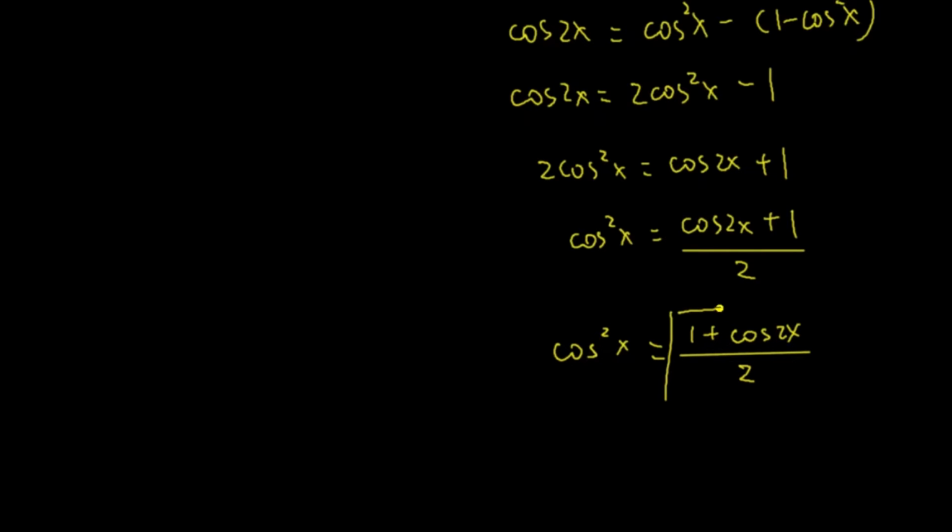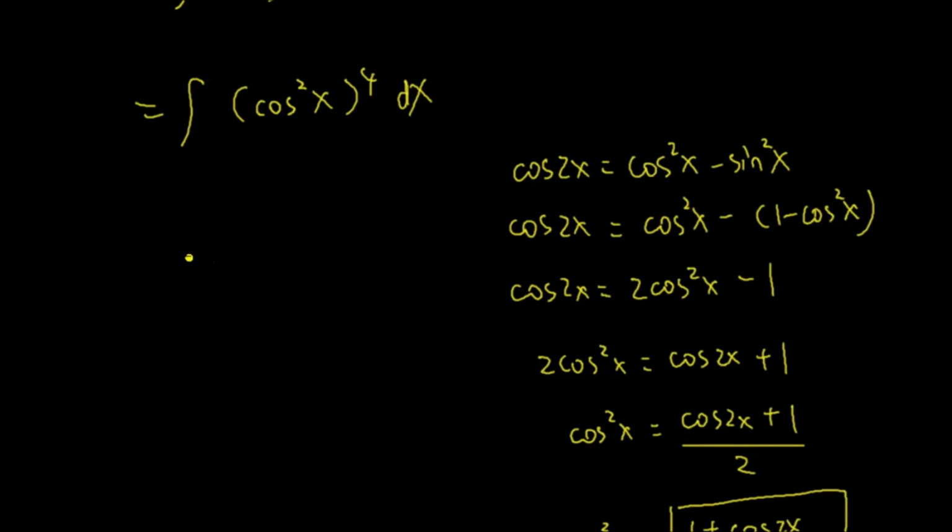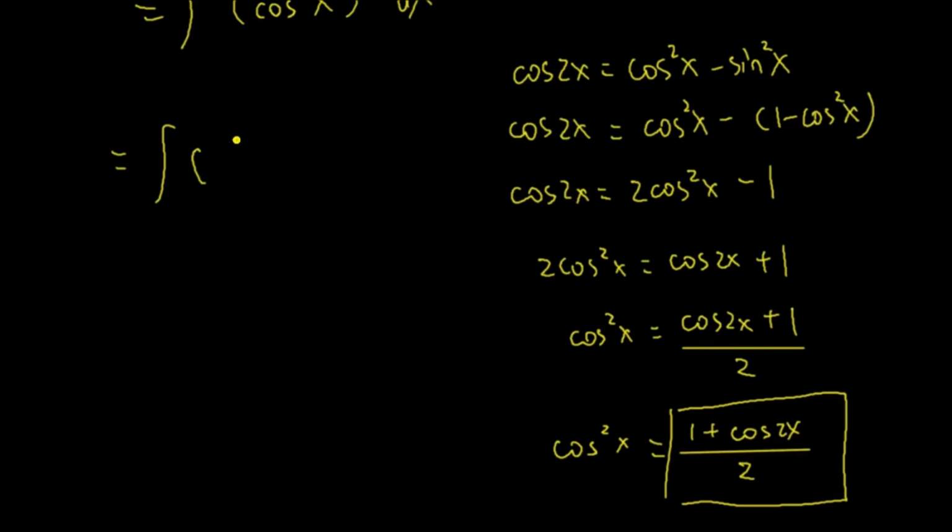So I will rewrite cosine square x as 1 plus cosine 2x over 2. So I can substitute into this here. So that is the integral of 1 plus cosine 2x over 2, to the power of 4 dx.